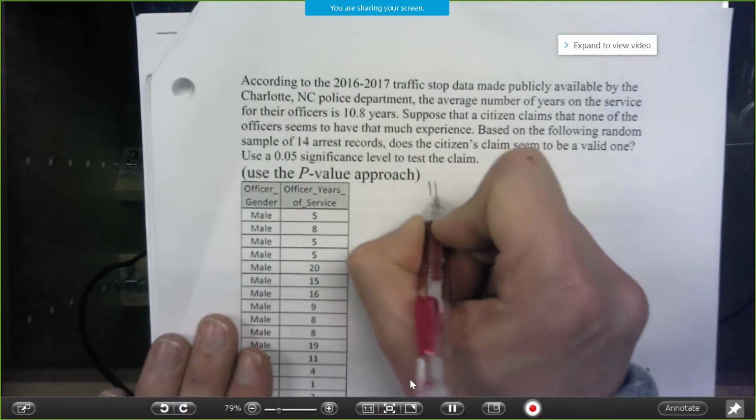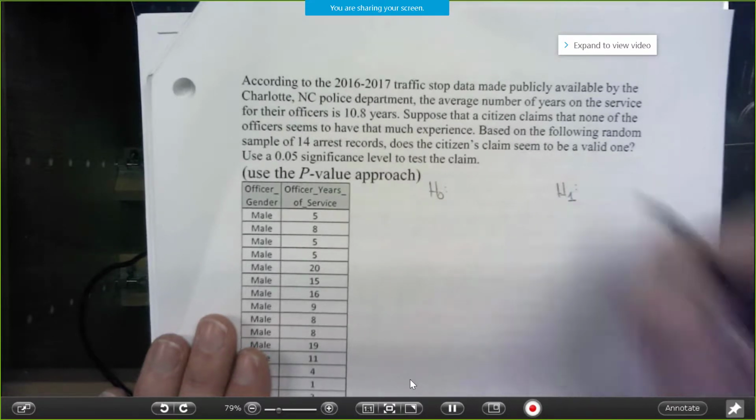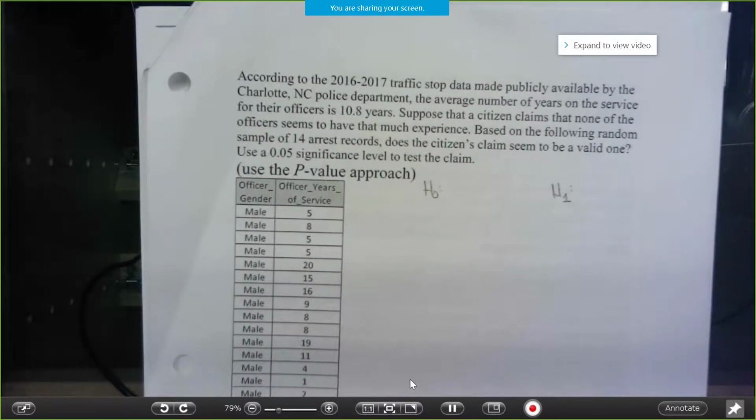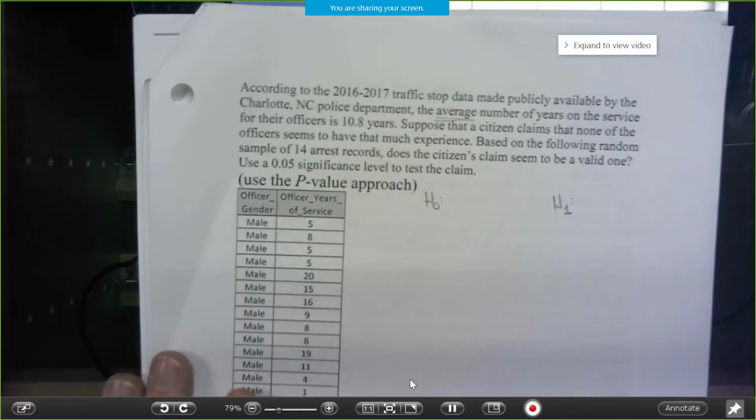So first of all, we have to state what our null and alternative hypotheses are. We're always going to be using either p or mu in our hypotheses. And which one is it here, p or mu? Mu, right? p is for proportion. They're not talking about proportions. We see the word average, so that's a mean.